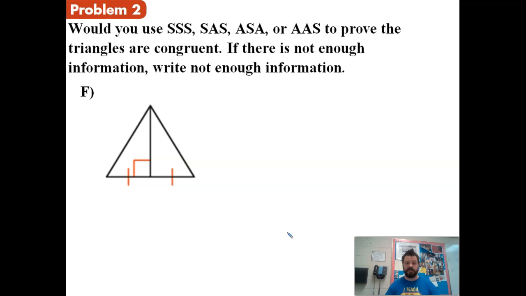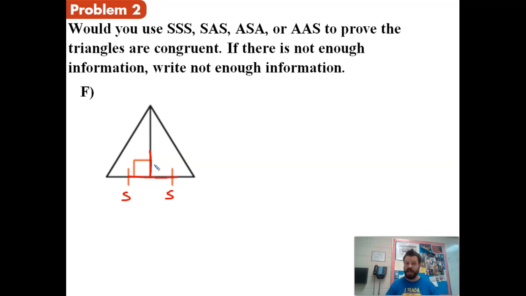All right, part F, let's take a look at what we have. We have a pair of sides we're given congruent, and then we're not given anything else explicitly here, but let's take a look at how this one works out. Now notice we have two angles that come together to form a straight angle. So we have a linear pair.